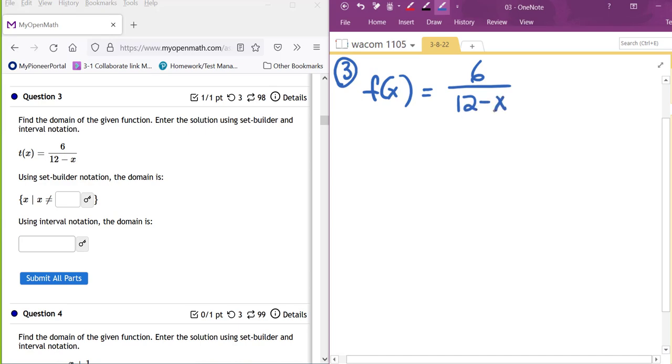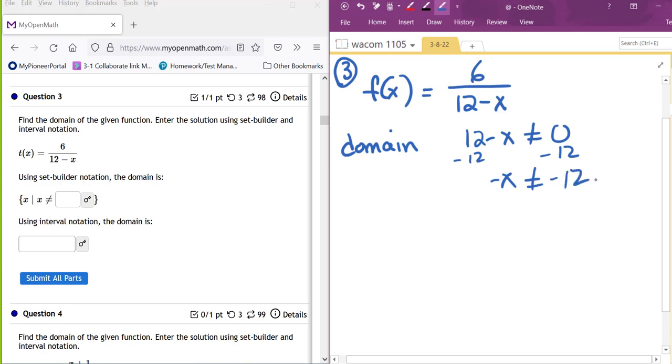They want us to use set builder and tell the domain. Set builder is actually nice for these. It's less writing. And all you care about here is that denominator. 12 minus x cannot be 0. And then solve. So subtract your 12 from both sides. So negative x is not equal to negative 12.